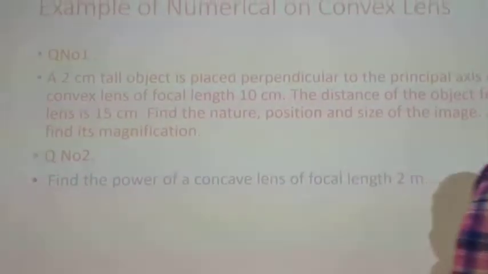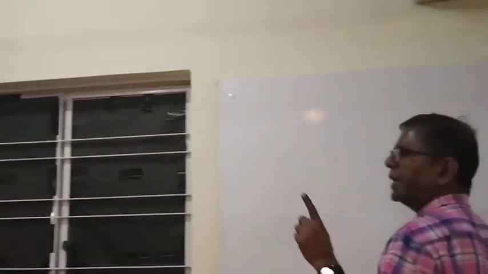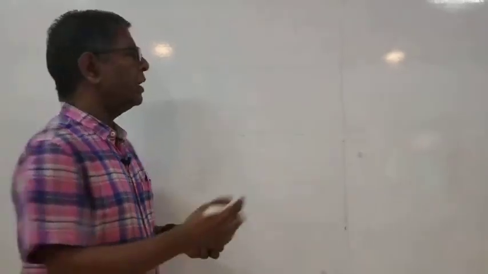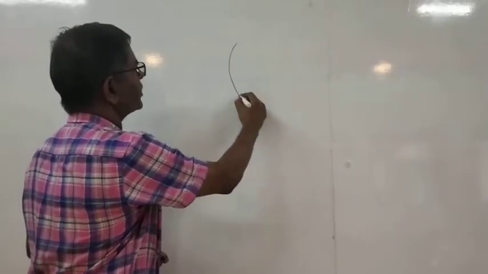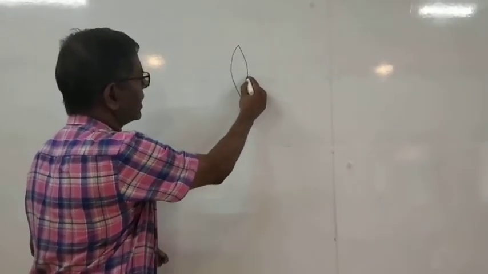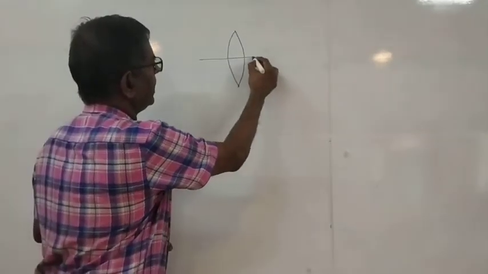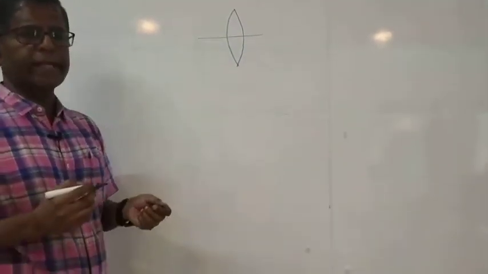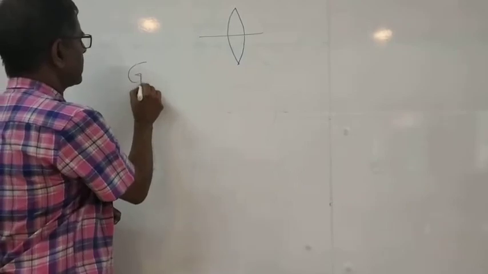First find out what is given. In this case it is given that it is a convex lens, so just draw a convex lens. Now write what is given.